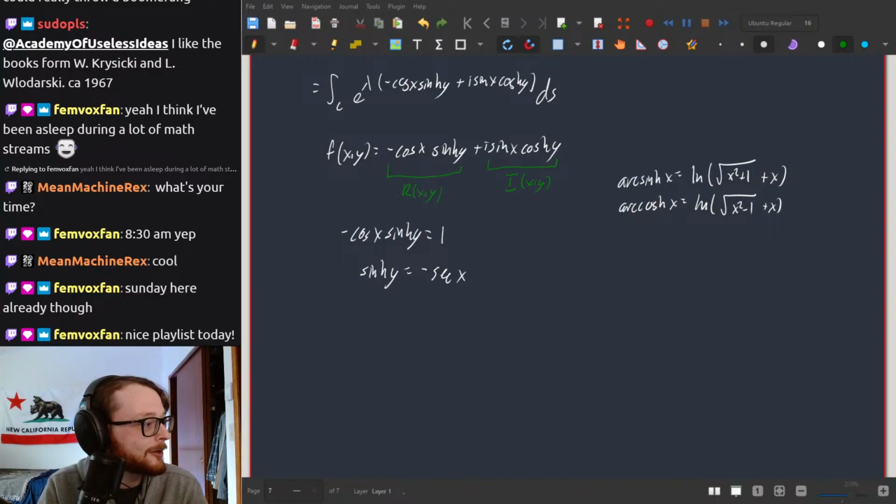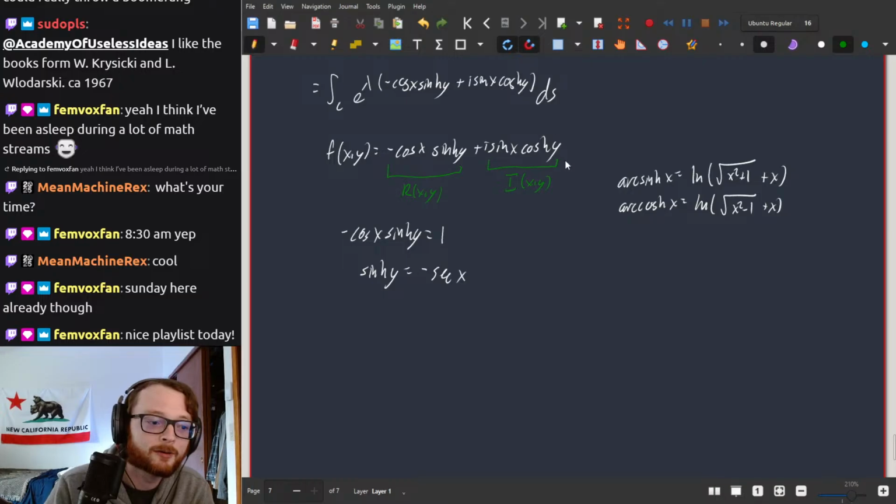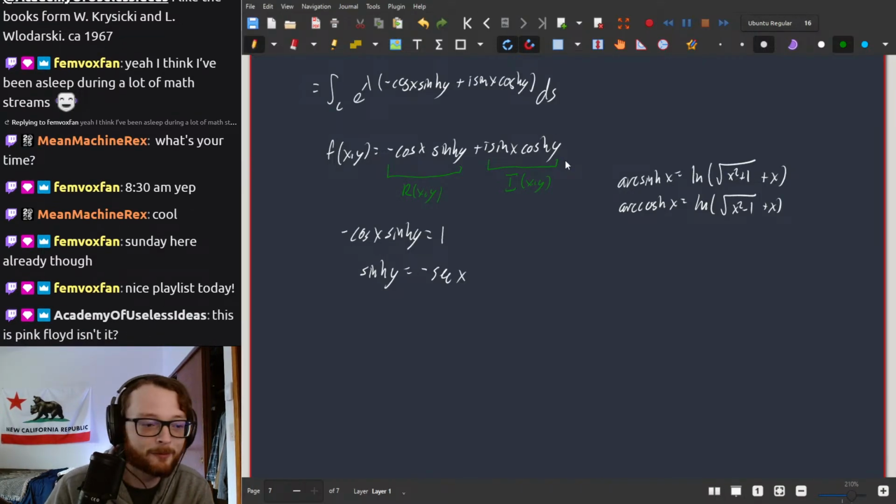Wow. Maybe their most recent check didn't clear for cash or whatever. Yeah, this is Pink Floyd. It's called Brain Damage.